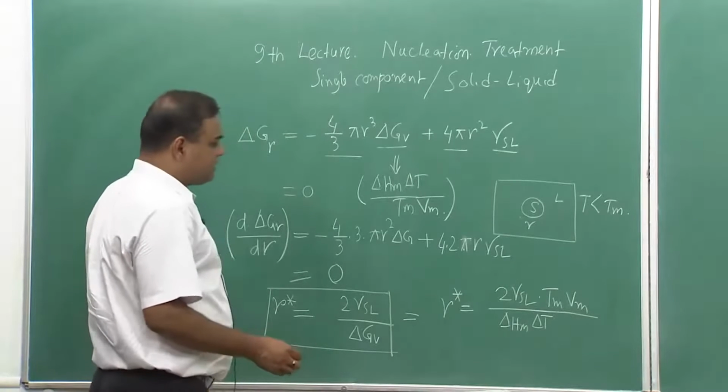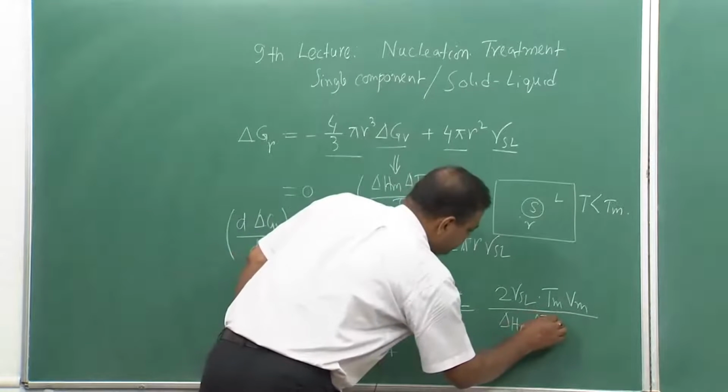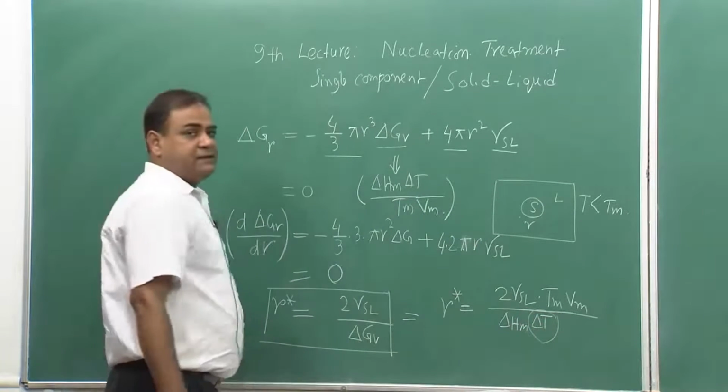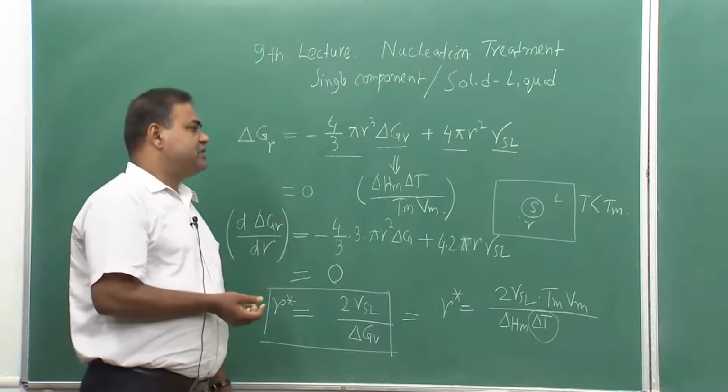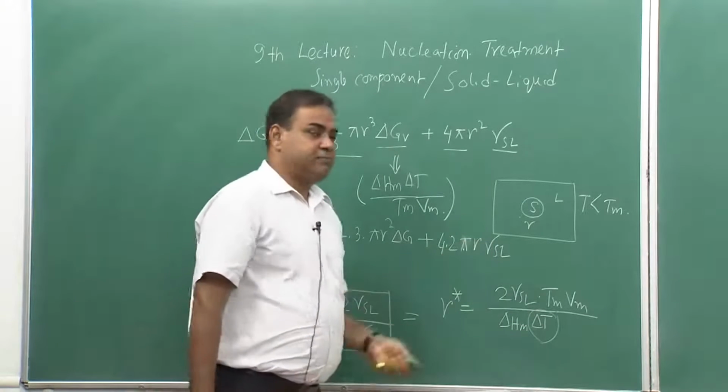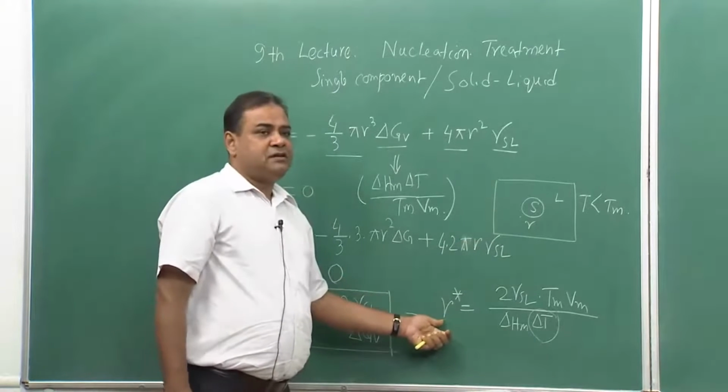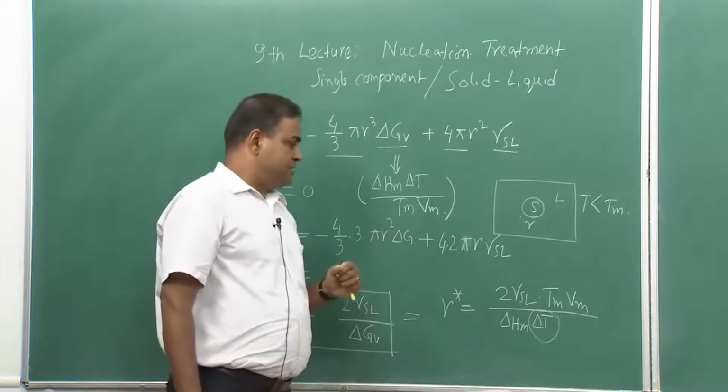Now, it is pretty clear that as we increase del T, that suggests that as we go down the temperature axis below T_m, this R star keeps on decreasing.